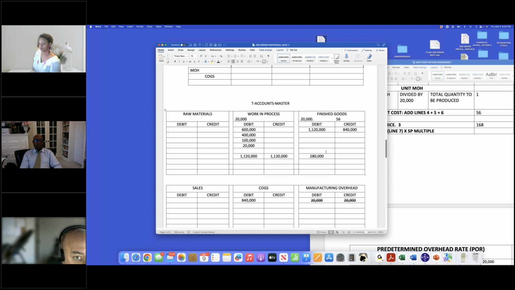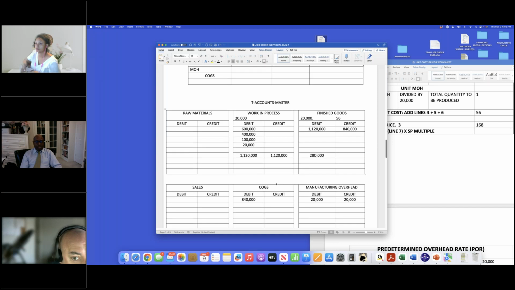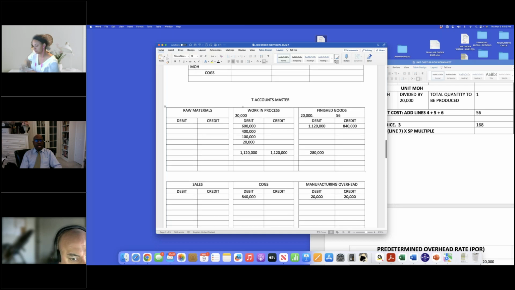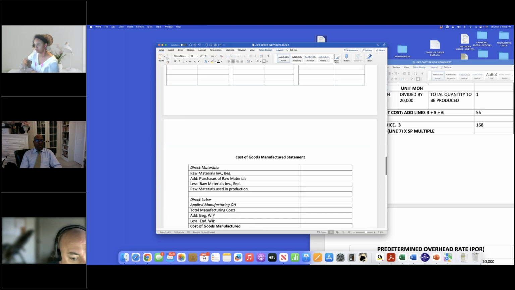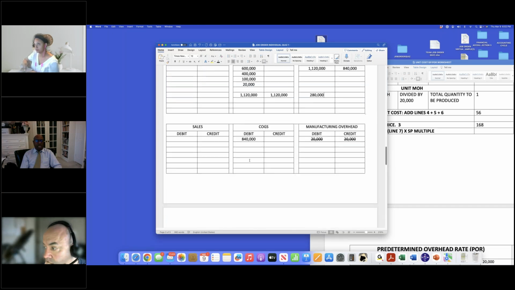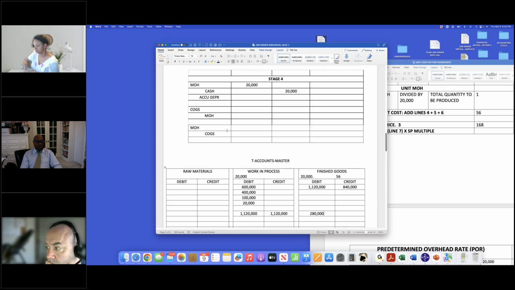Now it's time for us to use these T accounts and do our cost of goods manufactured and cost of goods sold. Cost of goods manufactured is going to come off the T account for work in process. We purchased $1 million in raw materials and transferred them in.